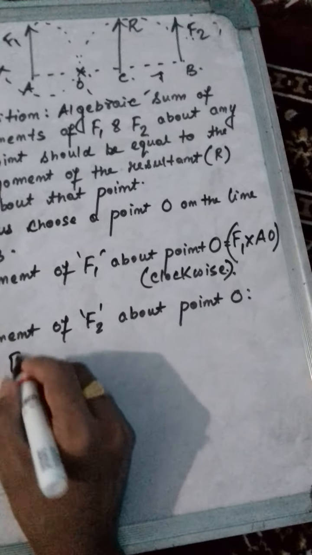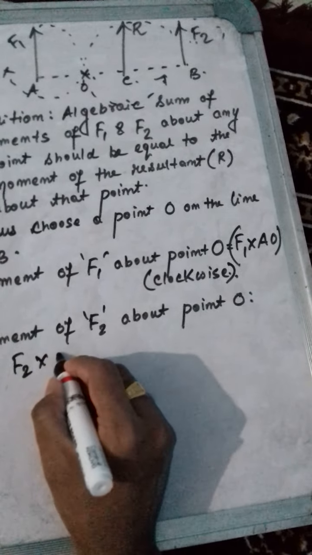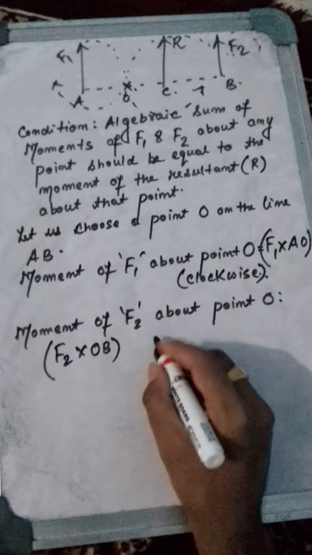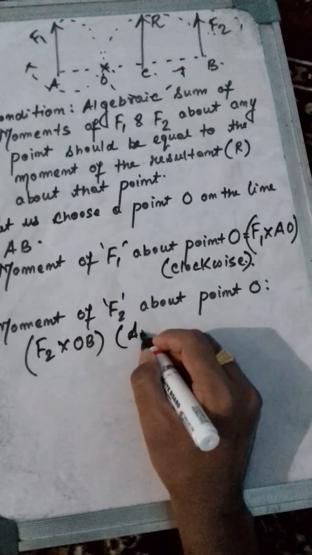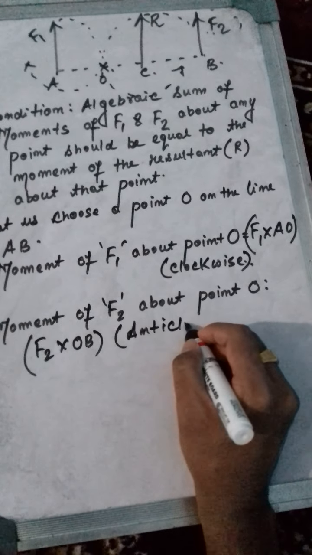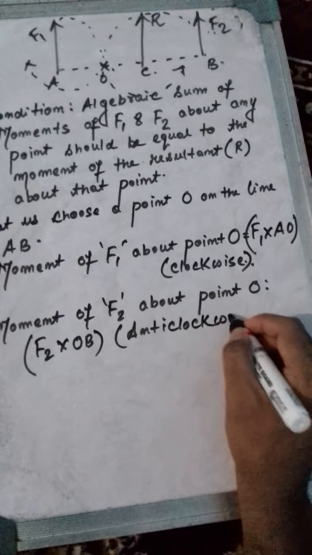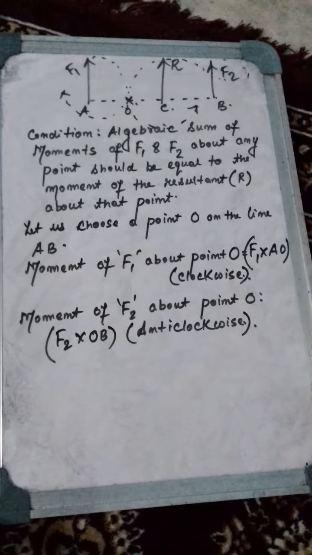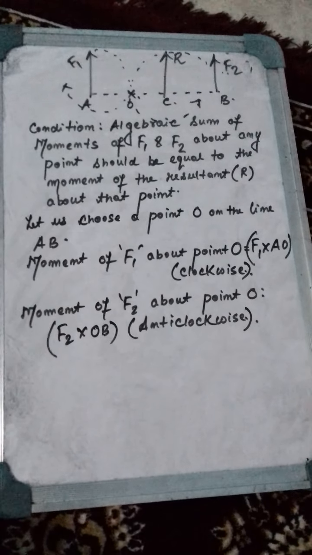So it is equal to F2 multiplied by OB, but the direction will be anti-clockwise.